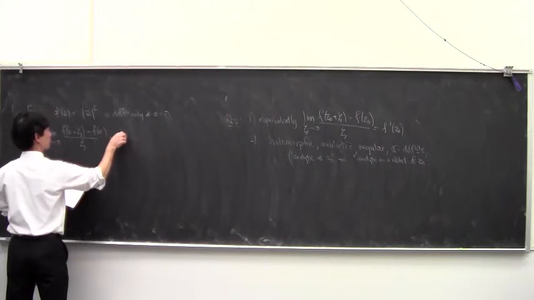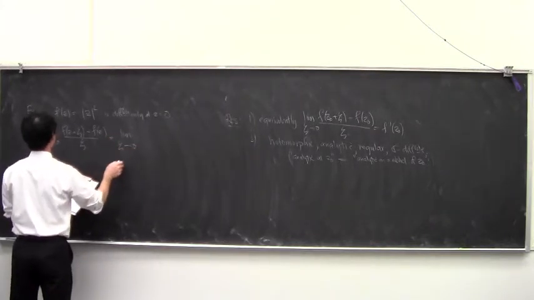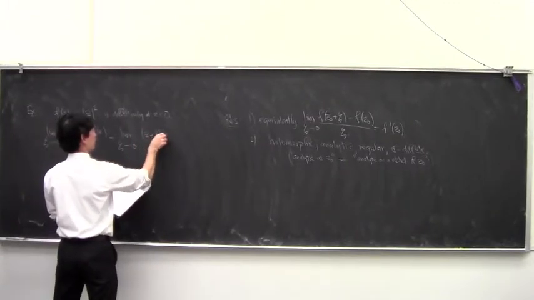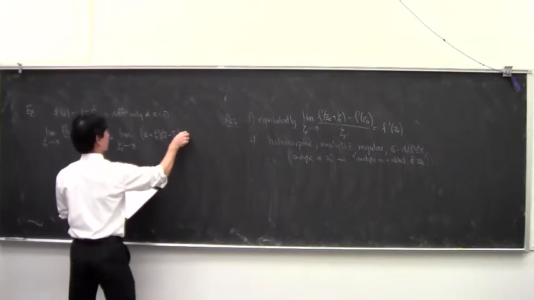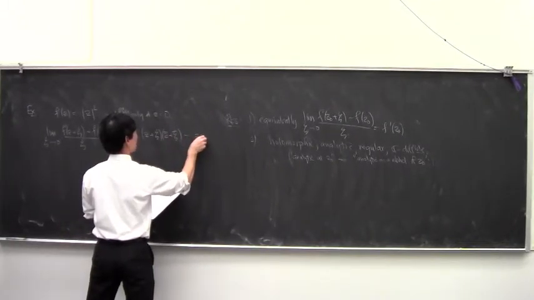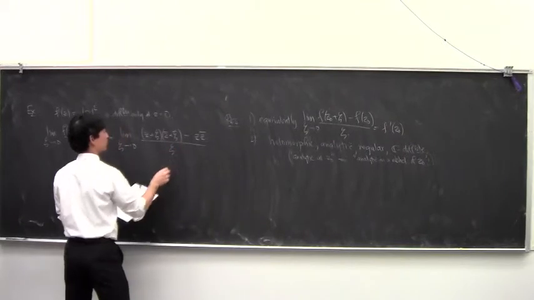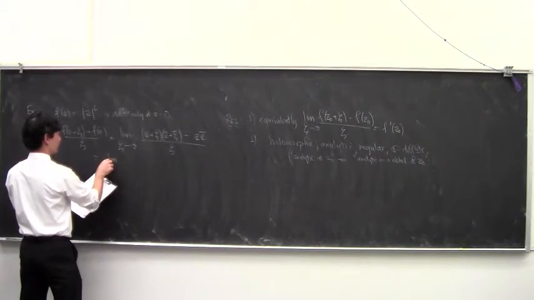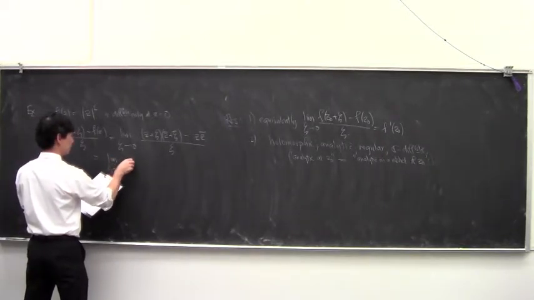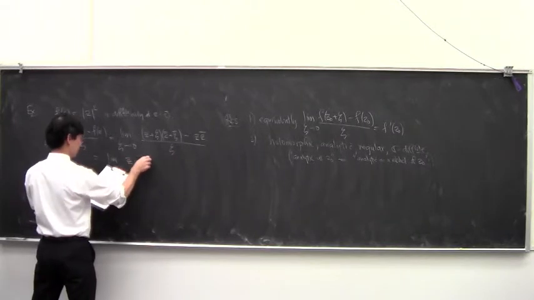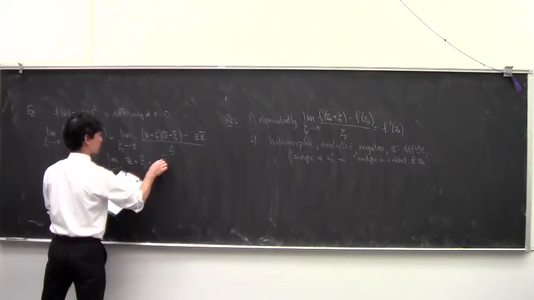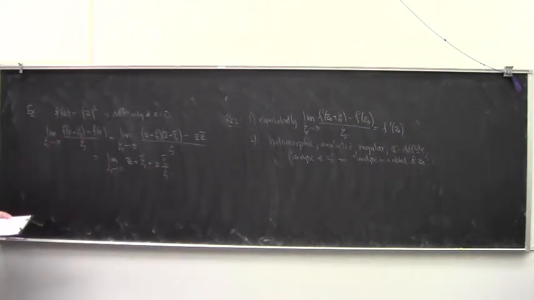That's just writing out what this means. This is modulus z squared, so that's z plus zeta times z bar plus zeta bar minus z z bar, over zeta. And that works out to be the limit as zeta goes to 0 of z bar plus zeta bar plus z times zeta bar over zeta, just by arithmetic.